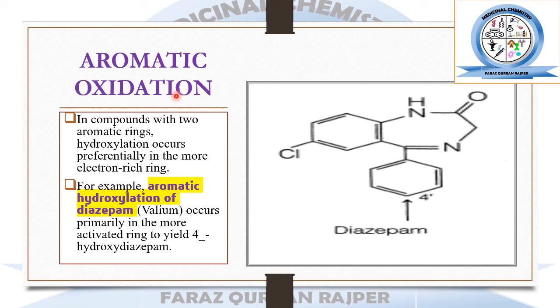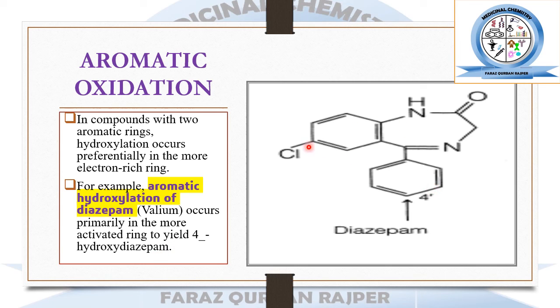So this is again an example showing the aromatic oxidation. In this compound, this is diazepam. You may observe two aromatic rings are present. So in this case, the aromatic oxidation will take place at the ring where there is no ring deactivating group present. For example, the aromatic hydroxylation of diazepam occurs in the activated ring at the fourth position. So these are the two rings.